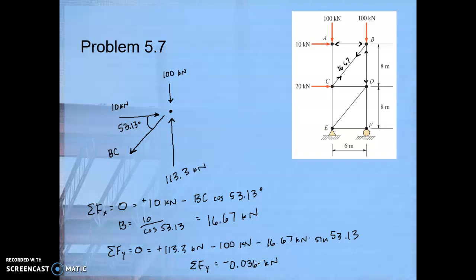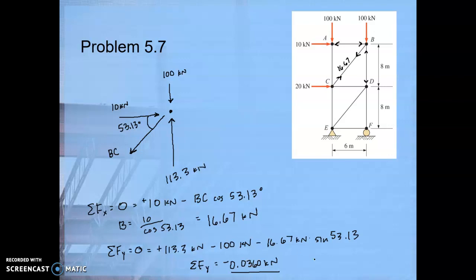or 0.0360 kilonewtons. So that, I would say, is close enough to 0 when we're talking about externally applied forces that are in the magnitude of 100. For our final check here to be less than 3 hundredths or less than 4 hundredths of a kilonewton, that's pretty good.